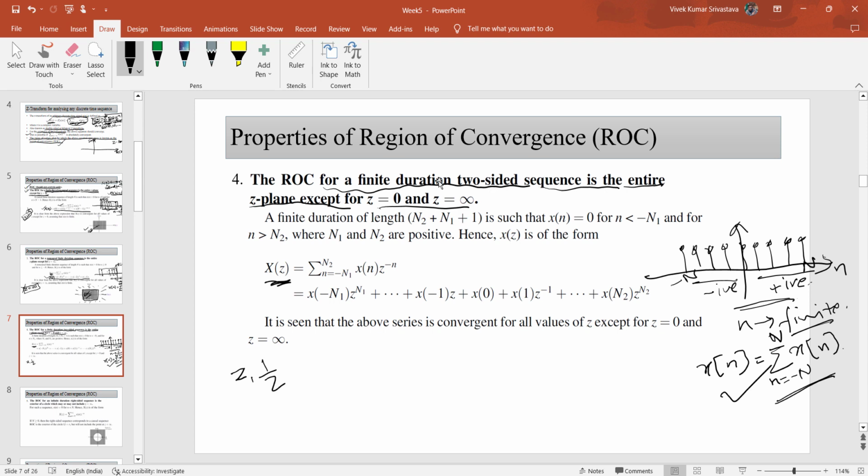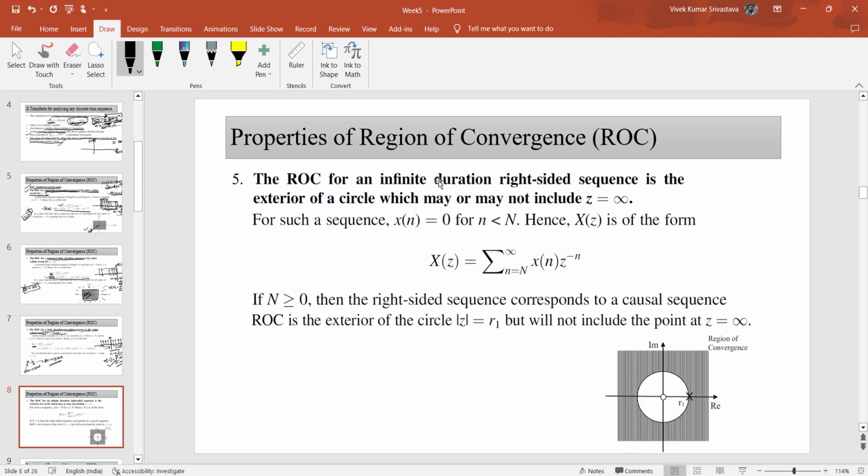So for the z term the ROC should not contain z equals infinite, whereas for this 1 over z the ROC should not contain z equals 0. Okay, so that's why the ROC of such a finite duration two-sided sequence is the entire z plane except z equals 0 and z equals infinite.